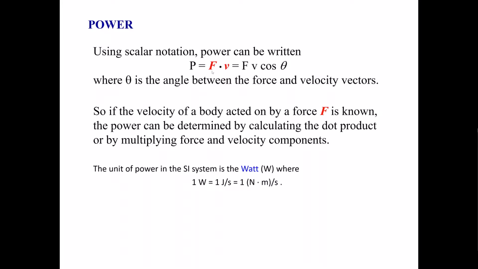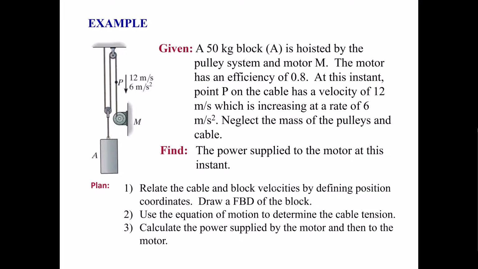So right off the bat, we need to know something about the force or the tension in the cable. Okay, so that's the second part here. And then we can use that information, because we're given information on the velocity, 12 meters per second. We can use that to calculate the power supplied by the motor, and then we can use the efficiency to determine what the input power supplied to the motor was.